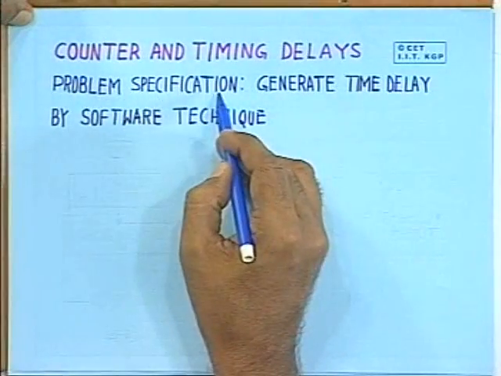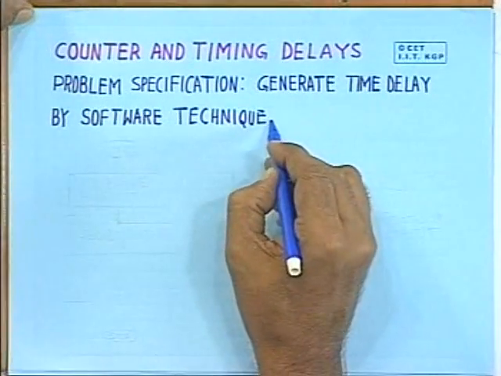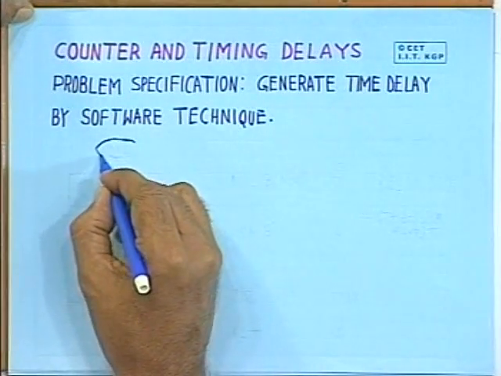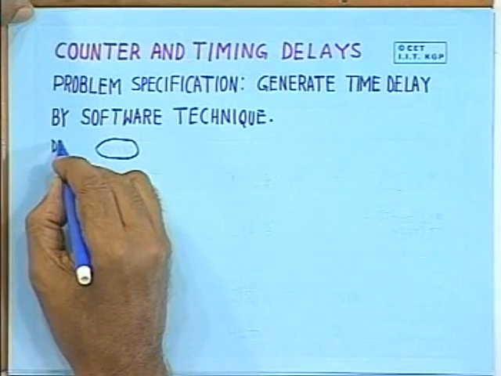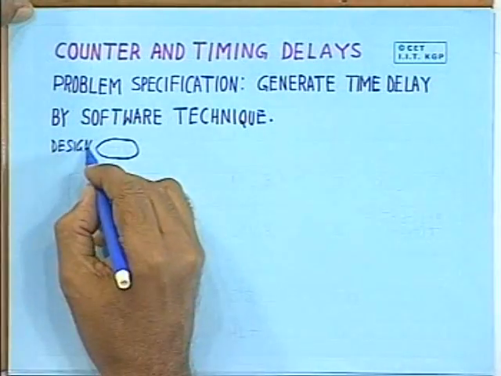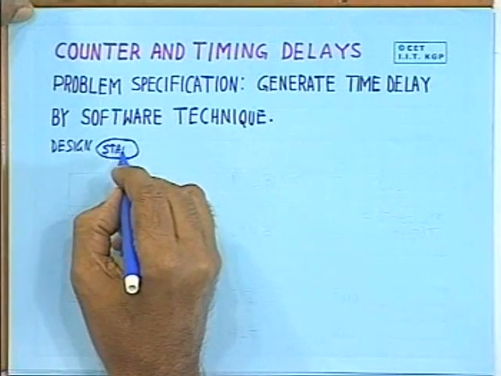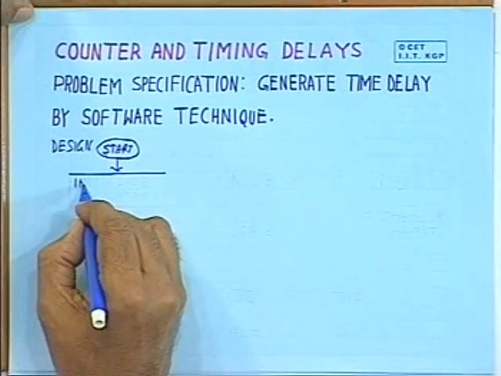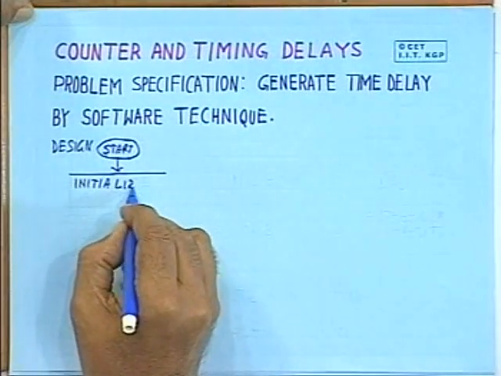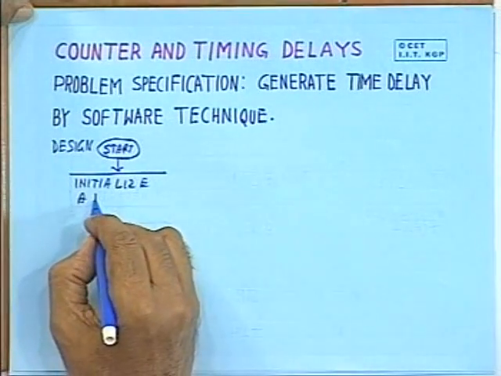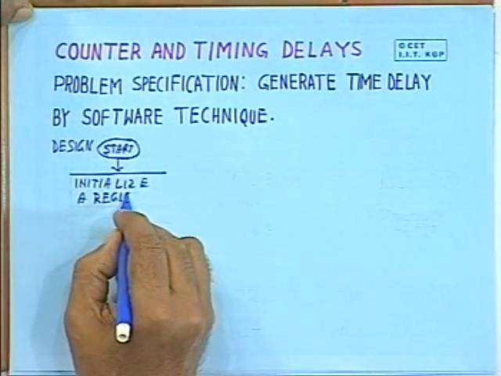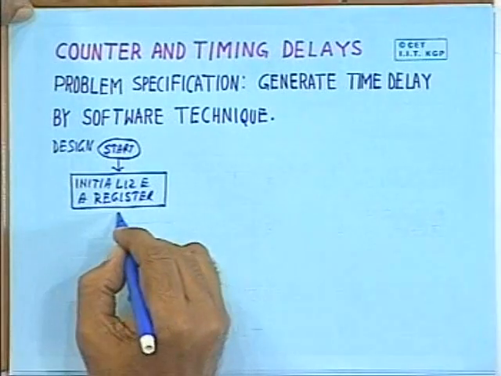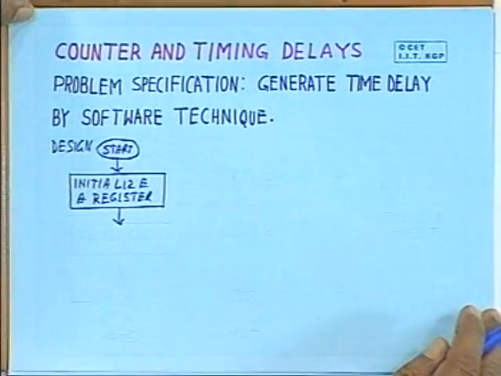So this is an example where the delay can be generated with the help of loops. Here the problem specification is: generate time delay by software technique. A very simple specification. How can it be done? In the design phase, you will implement a flowchart: start, then initialize a register which will act as a counter, and the count value will decide the delay.